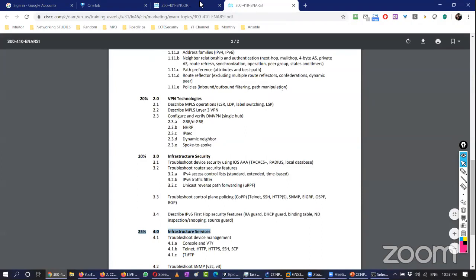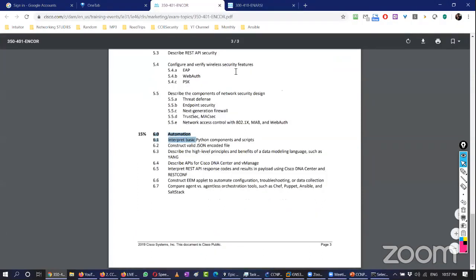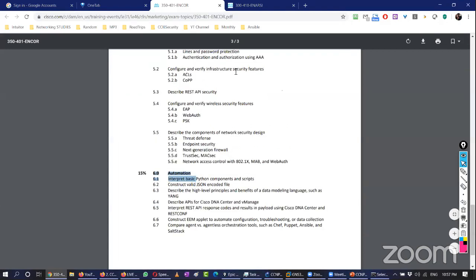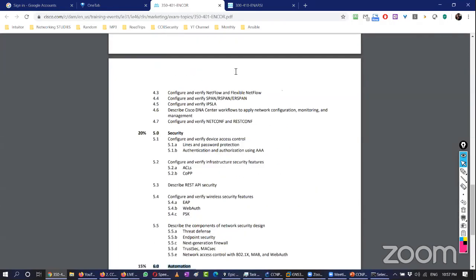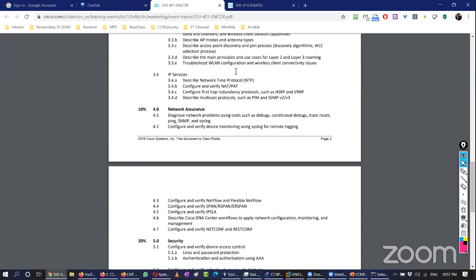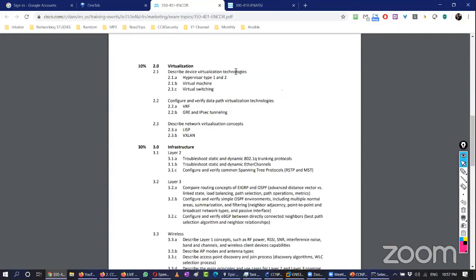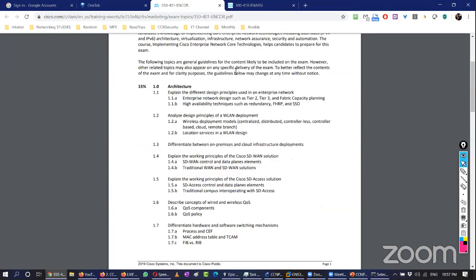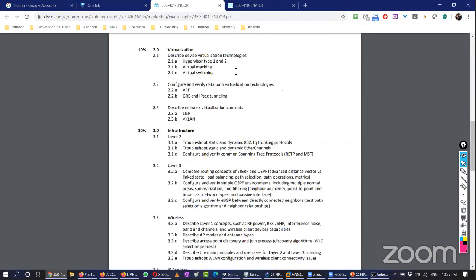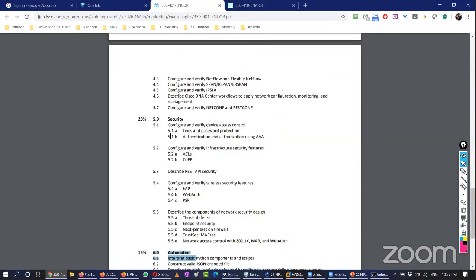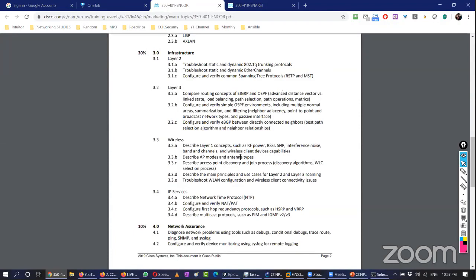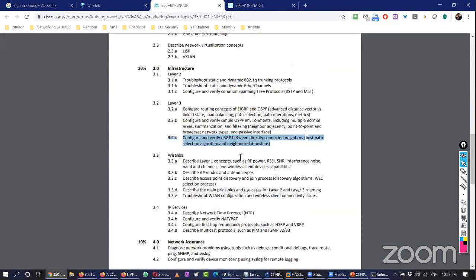Well, where is BGP standing now? What is the syllabus for BGP, the topic that we have selected for this webinar? Under ENCOR you will have basic topics for BGP, which talk about configuration of eBGP which are directly connected, best path selection algorithm, and neighbor relationship.